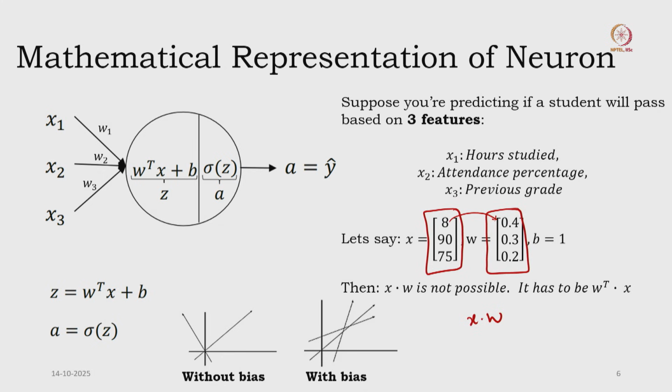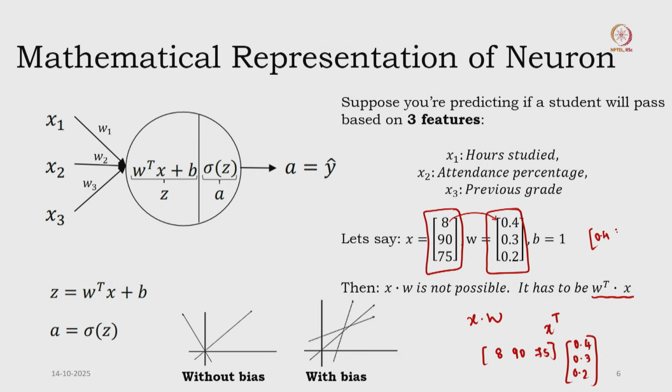Therefore, what do we do? We take any one of these vectors and take a transpose of it. Either you take x transpose, so that we get 8, 90 and 75, and you can multiply it with 0.4, 0.3 and 0.2. We can do a multiplication, or instead of doing this, we can also do W transpose X. What is W transpose X?